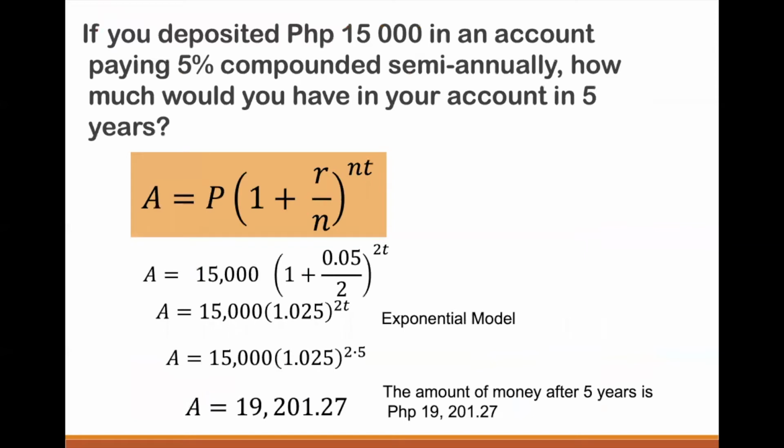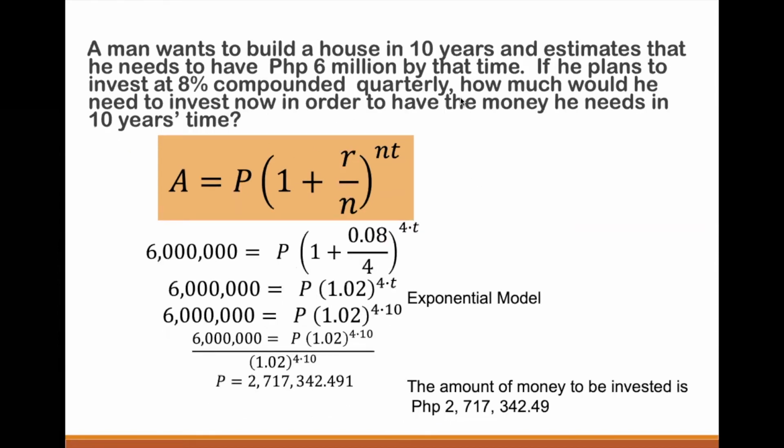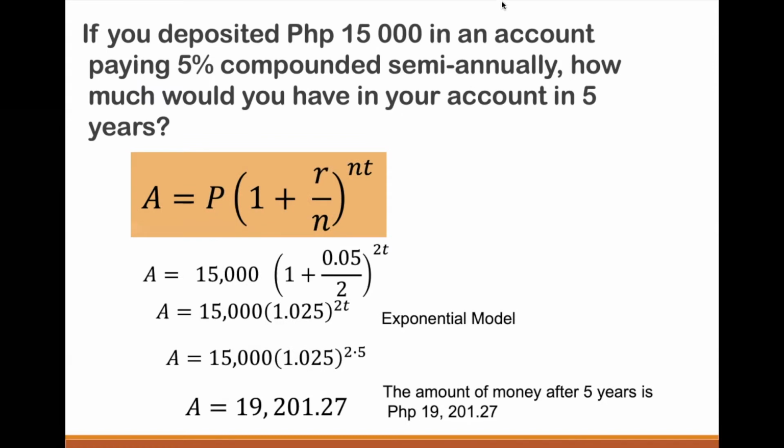So for example, you have the given problem. If you deposited 15,000 in an account, paying 5% compounded semi-annually, how much would you have in your account in 5 years? So we're asked for the amount in 5 years.